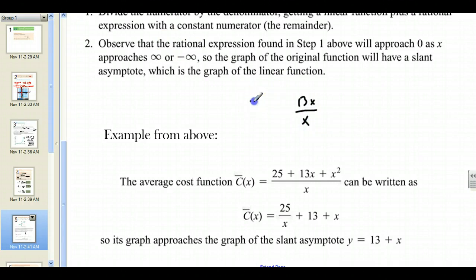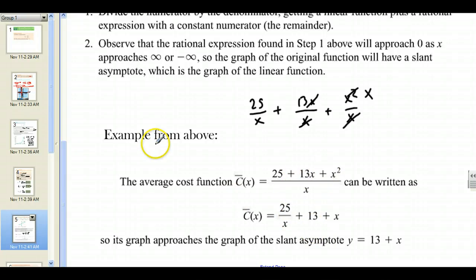If I split each one of these things up, 25 over x plus 13x over x plus x squared over x, what happens? Well, nothing happens here, we just get 25 over x, but here that x cancels with that x and we just get 13, and then here that x cancels with one of those x and just leaves us with 1x. That's where that's coming from. Alright, so this is the exact same as this, we just did the division.